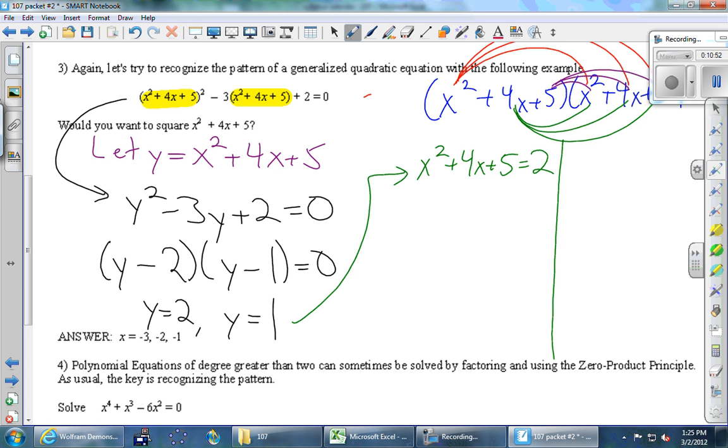And instead of y equals 1, x squared plus 4x plus 5 equals 1. So what we did there is we said we didn't want to find y. We wanted to find what x was. So instead of y, we put x squared plus 4x plus 5. So those two equations at the bottom, the y becomes replaced with this x squared plus 4x plus 5, first equation and then second equation.